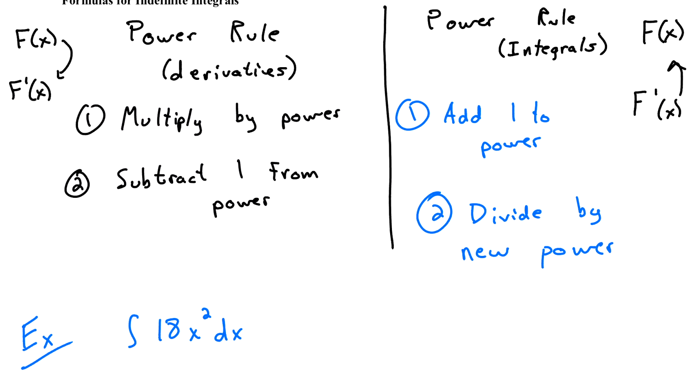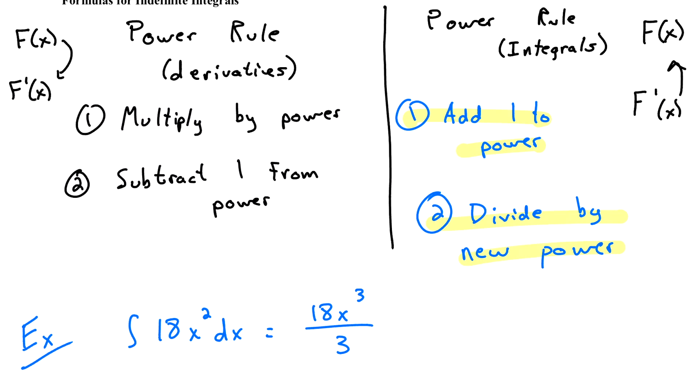I can just use these two steps. My first step would say add 1 to the power. So I'm going to keep that 18x, and I'm just going to add 1 to the power. 2 plus 1 would give me a new power of 3. And then divide by that new power. So I'm going to divide by 3 because that was my second step.